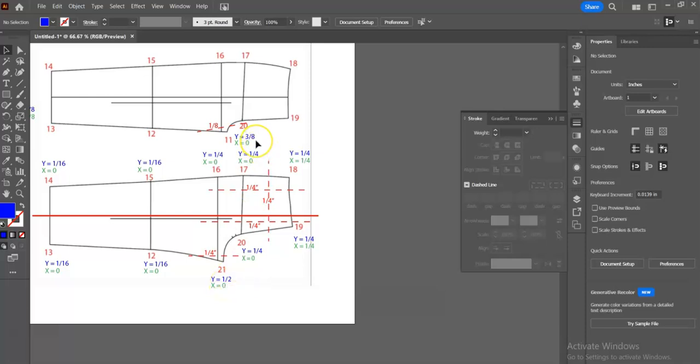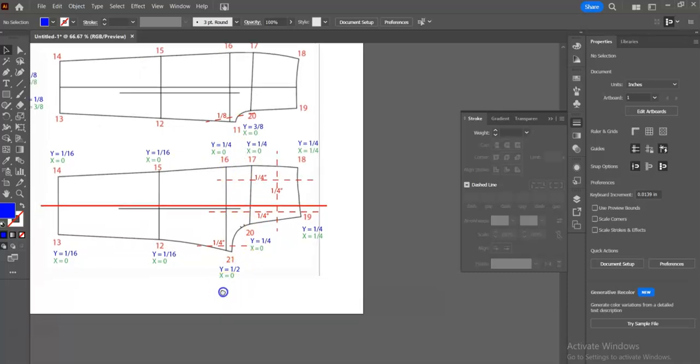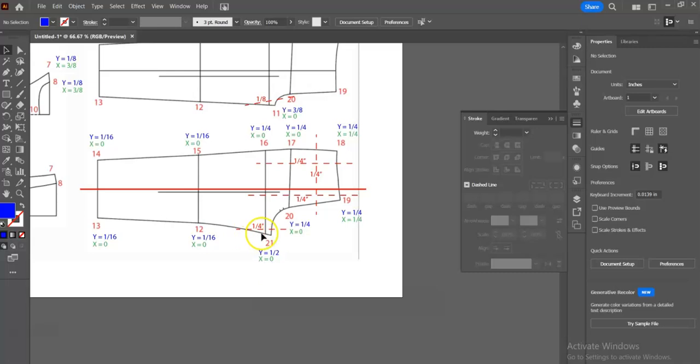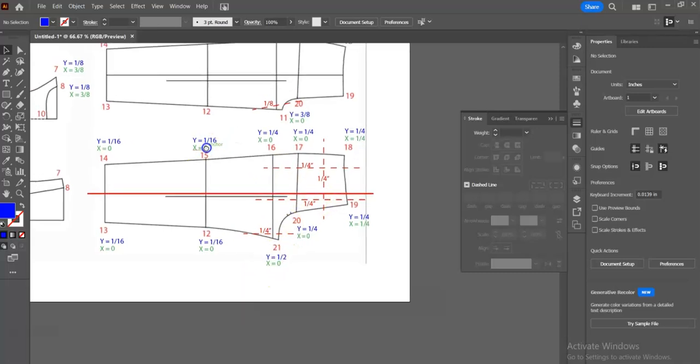So 3/8 plus a half is 7/8. 1 3/8 minus 7/8 is a half, right? And I have two side seams. So I have a quarter and a quarter, right? I split them in two. So I can get to these rules from different directions. And some of it is just knowing that we need to increase at certain points that are unique to pants, like this crotch extension.